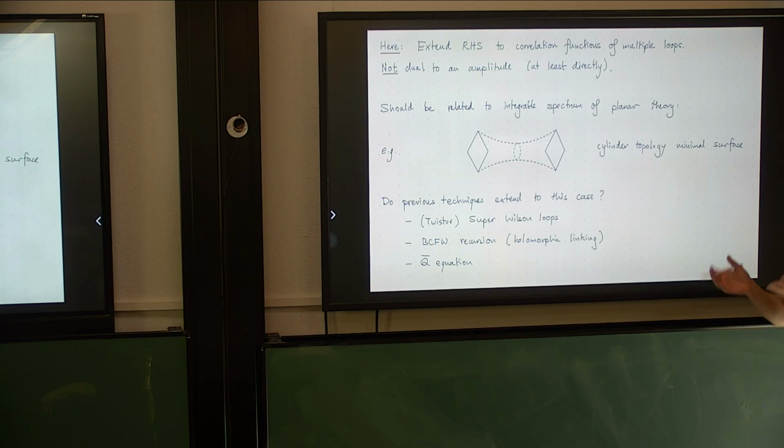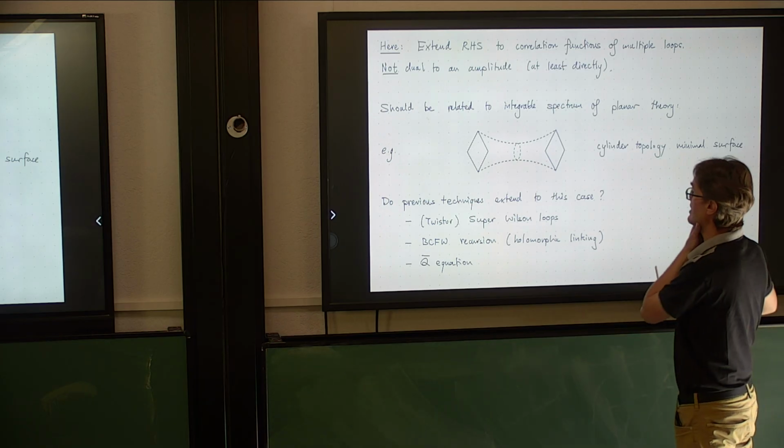So I'm changing the genus of the underlying world sheet. So we've described the classical string, or minimal surface, that would end on these contours.